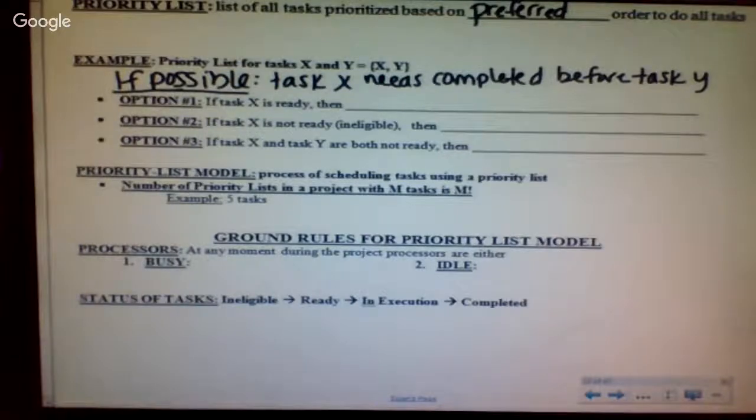And again, that's an if possible. If you have a prerequisite that has to happen first, you're not going to be able to schedule it that way.